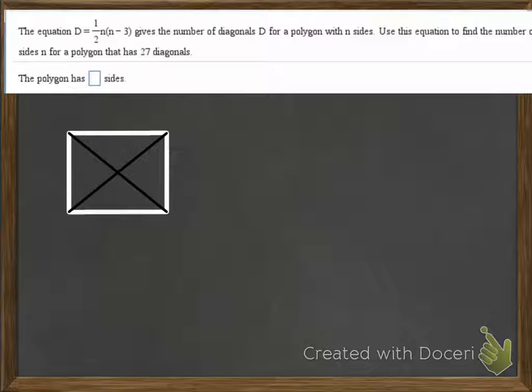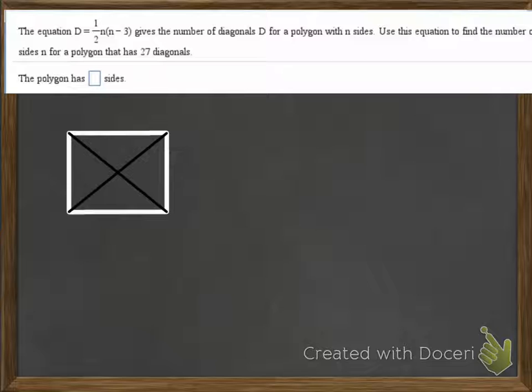Now the rectangle has four sides, so if you were to put n equals 4 into the formula, you'd have 1/2 of 4, which is 2. 4 minus 3 is 1, 2 times 1. So a rectangle or a square should have two diagonals, and you can see from the picture that it does.